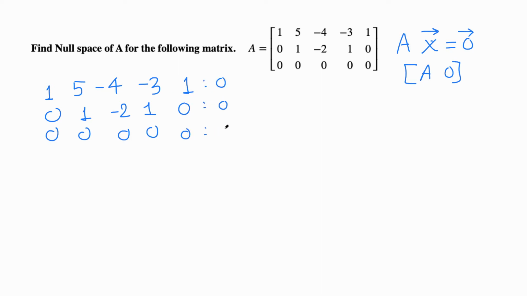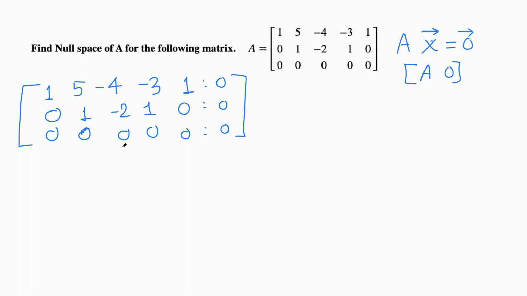Ax equals 0. And this is already in row echelon form. So we got pivots here, so let's say x1, x2, x3, x4, x5.